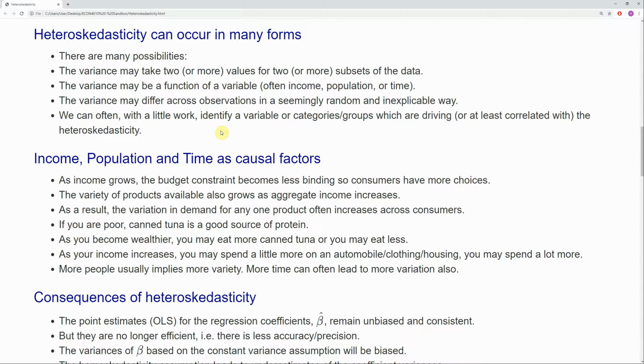The above examples showed cases of heteroskedasticity where the variance was gradually changing as we moved along our data axis. However, sometimes you could have other situations. It doesn't need to be a gradual change.